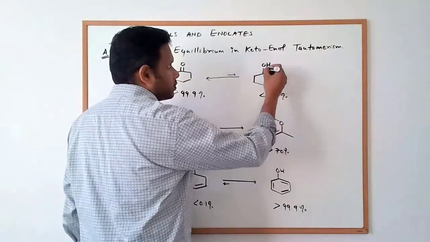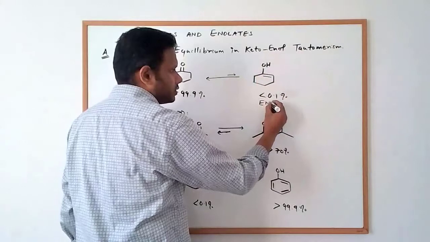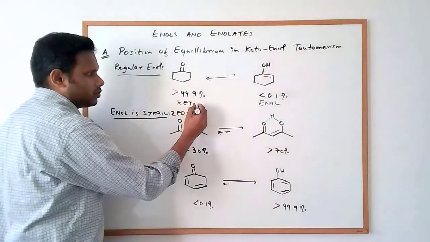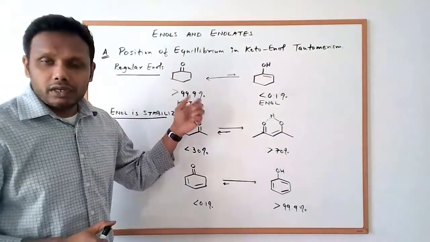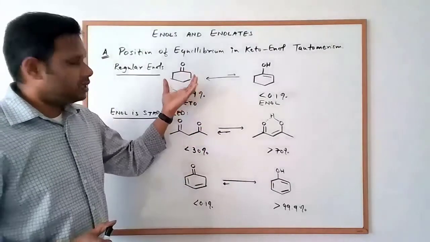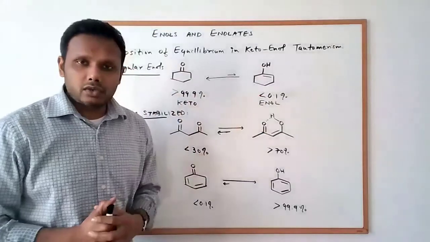So this is the enol form, and this is the keto form. For most regular compounds, the keto form is highly favored. It would exist mostly in the keto form and very little in the enol form.